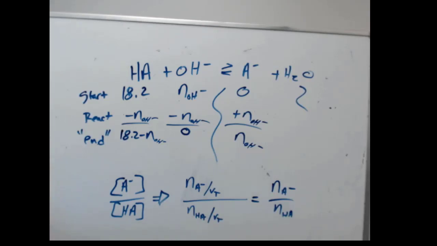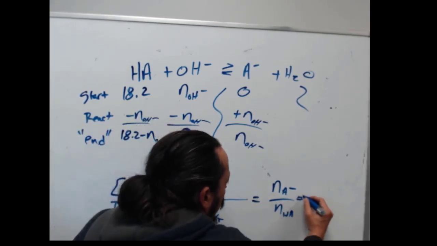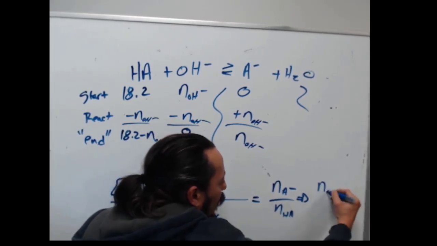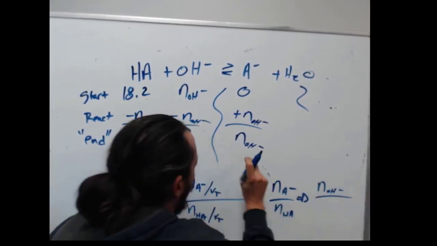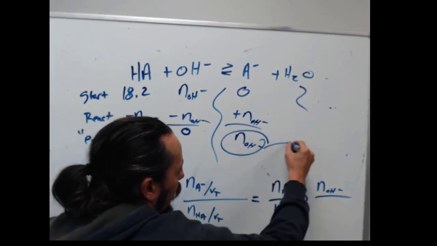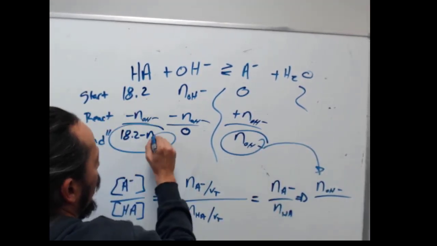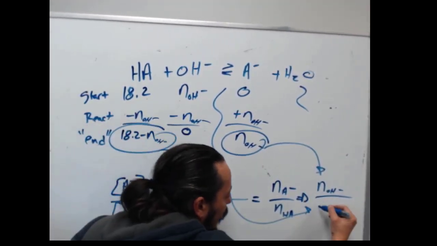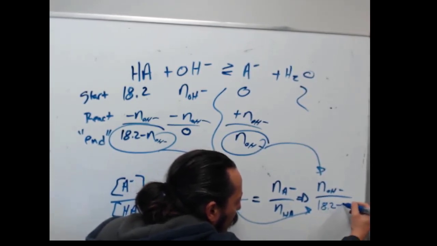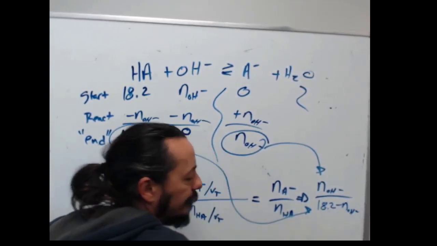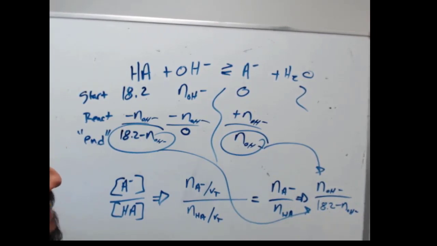So I can say, look, my A minus is going to be my moles of OH minus added, divided by my moles of HA, that's going to be my 18.2 minus moles of OH minus. So I'm going to plug that into my Henderson-Hasselbalch for my stoichiometry.